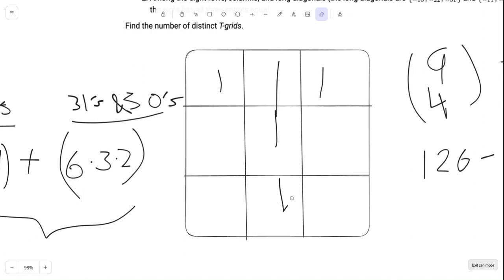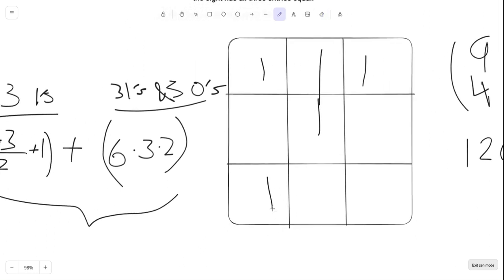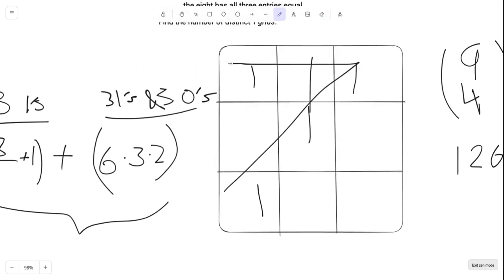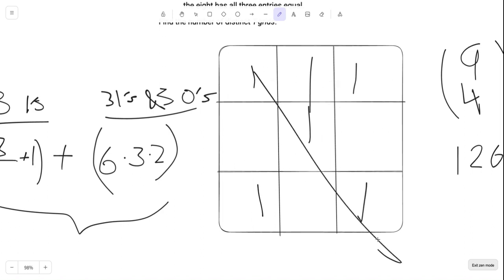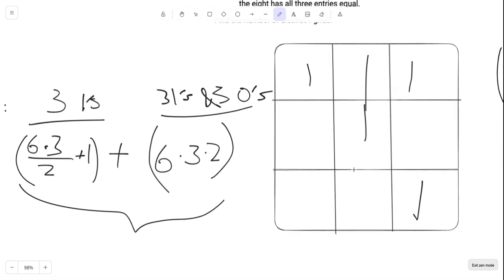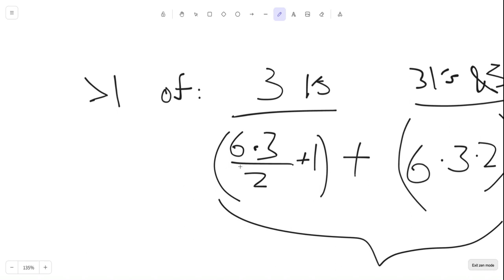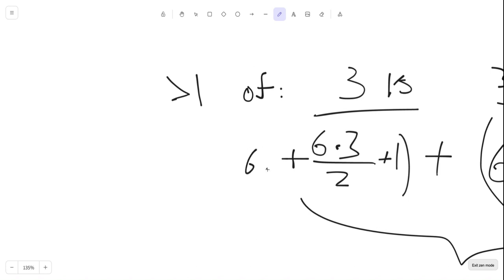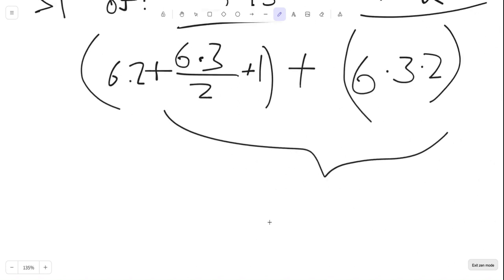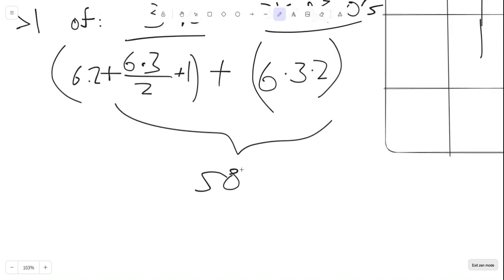Oh, I forgot. To form a diagonal, we can also do this. That's the last case. And there's 2 ways to do these. You can put the 1 here too. You can put this one over here. And this gives only 2 ways to do it for each of the 6 ways to put the 3 ones in a row. And there's no overcounting because we have a row and a diagonal. So you find out we get 58 from this.